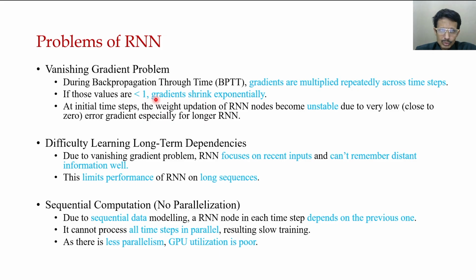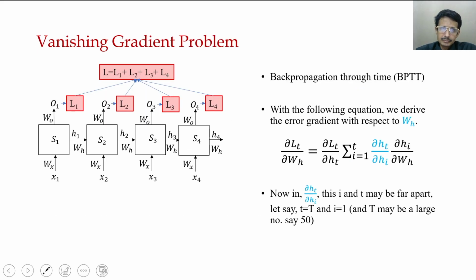Now, before solving these problems, we would like to understand the vanishing gradient problem from a more mathematical point of view. Here, what we understand from our previous discussion is this formulation.